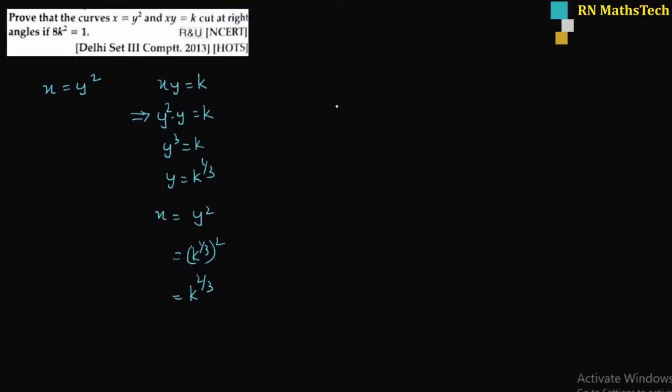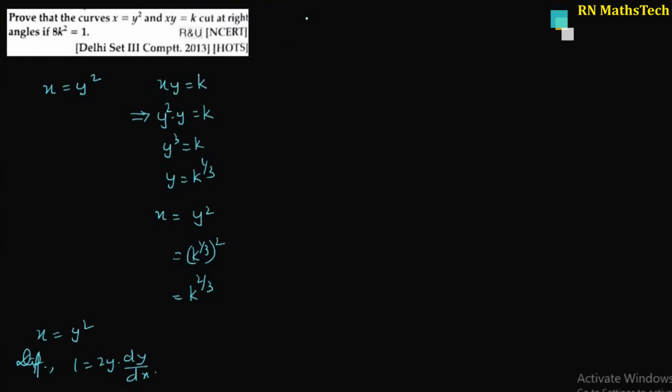Now differentiating x equal to y square, 1 is equal to 2y into dy by dx.